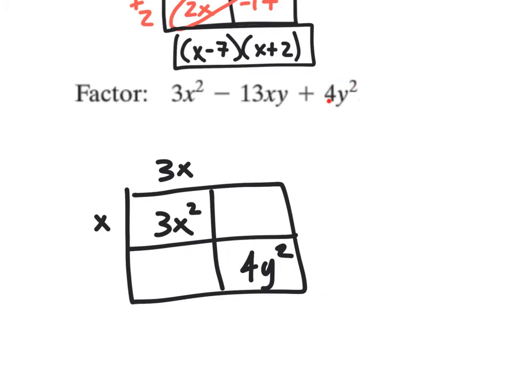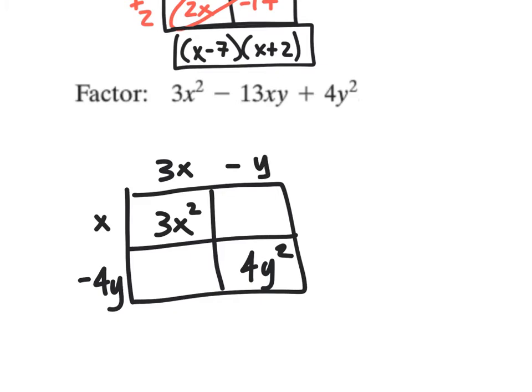Notice how this number is positive, and this number in the middle is negative. Think about it. They need to multiply to a positive number, but they're going to add to a negative number. So they both actually need to be negative. So what's going to happen is I'm going to do minus 4y, minus y.